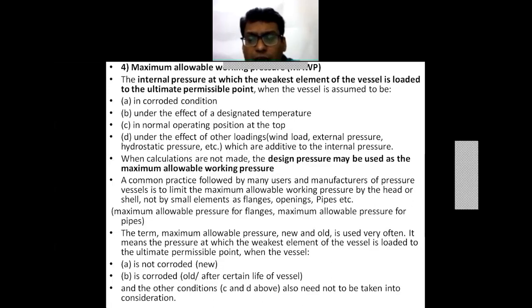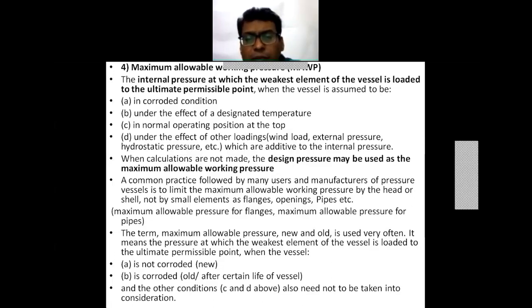However, the bigger sizes, that is the head or the shell, involve more cost. Keeping cost cutting in mind, people try to minimize the thicknesses of the head and shell, and so they become more critical.